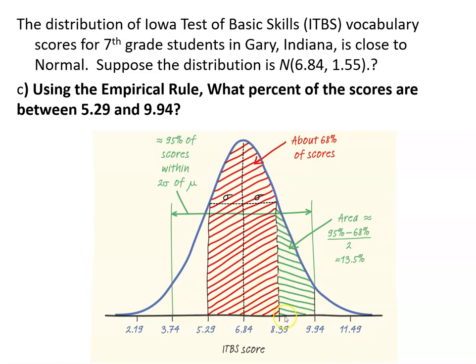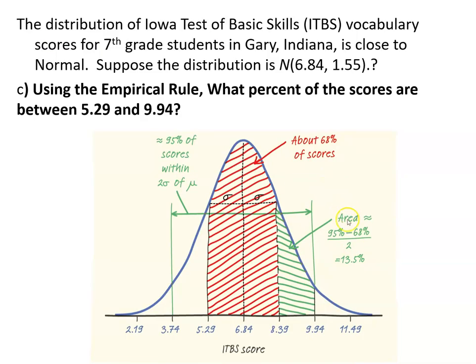And we're only interested in this shading here from 5.29 to 9.94. So we already know that there's 68%. Okay. And then we need to figure out what percent is within this little piece right here. So we subtracted 68% from 95%, which represents from 9.94 to 3.74, and divided that in half. So this little interval right here is 13.5%.